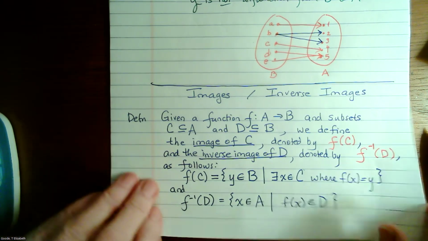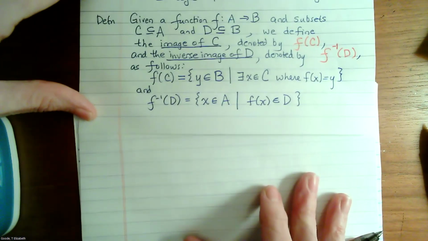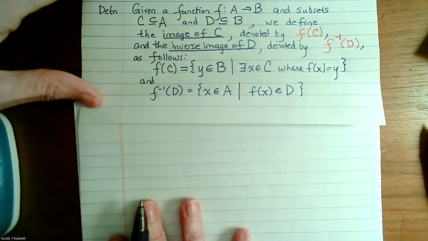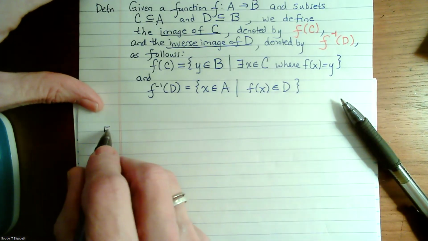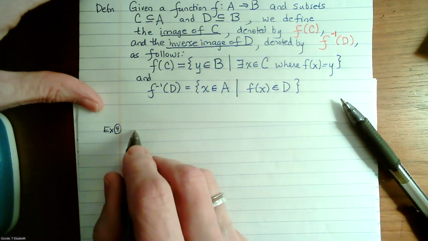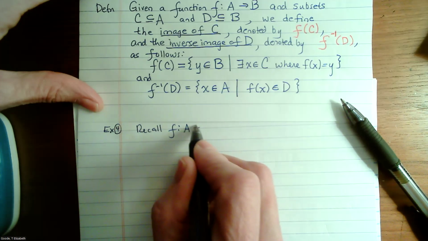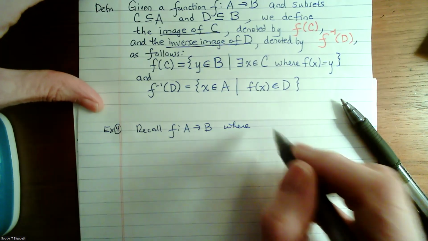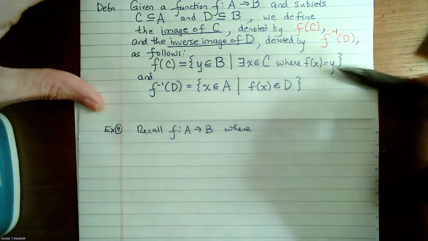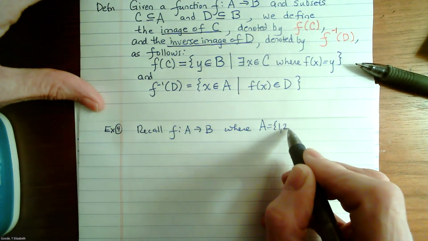All right, so let's do an example. We can use the same example we've been using so far pretty much all evening, except for our very first example. So we're going to recall F from A to B, where A is the set containing 1, 2, 3, 4, and 5.